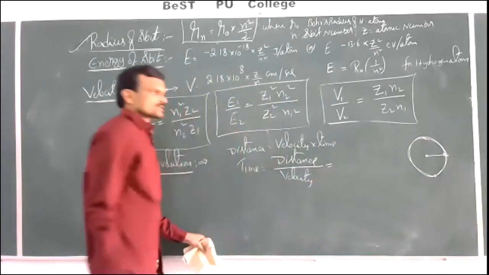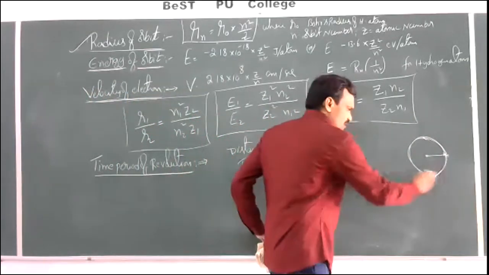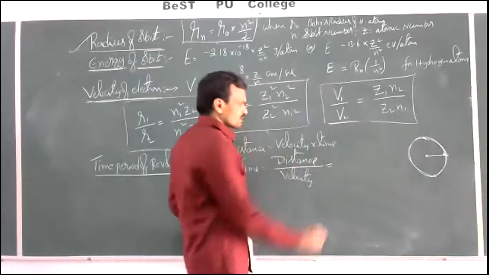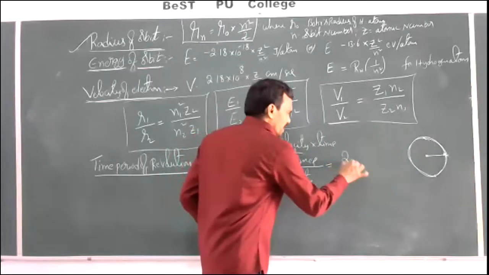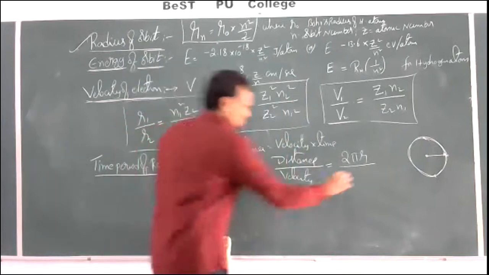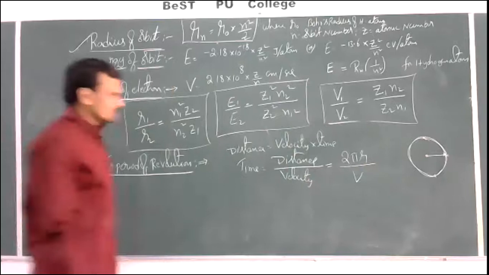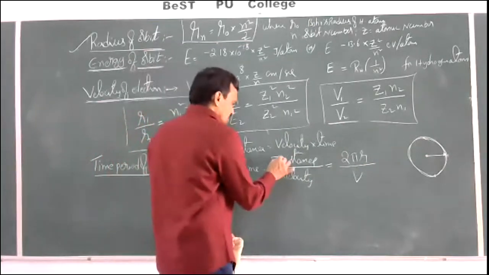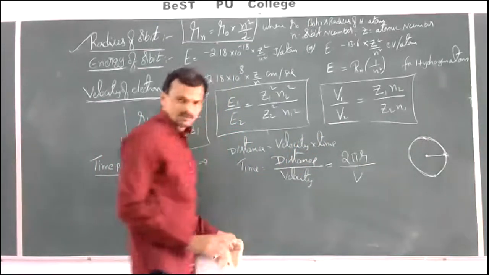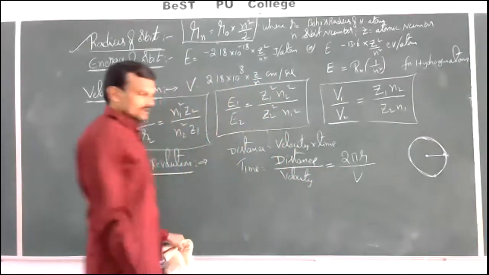What is distance? Distance is nothing but the circumference of this orbit. What is the circumference of the circle? 2 pi r. So time is 2 pi r by v. 2 pi r is nothing but the circumference, which is the distance traveled, and v is nothing but the velocity of the electron.